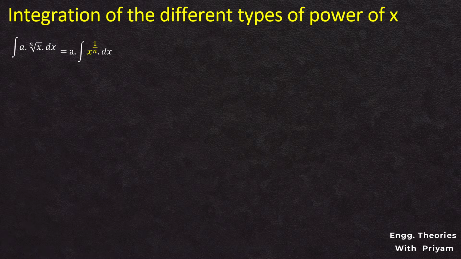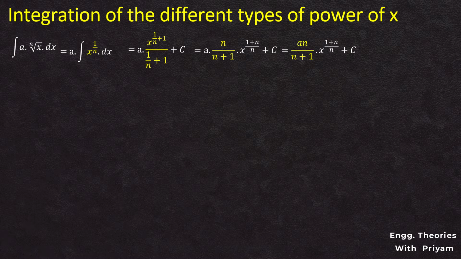Then the integration will look like a into integration of x to the power 1 by n dx. If we perform the integration similarly to x to the power n, then the integration will become a into x to the power 1 by n plus 1 divided by 1 by n plus 1 plus the integration constant c. This can be simplified as a into n divided by n plus 1 into x to the power n plus 1 divided by n, plus the integration constant c.